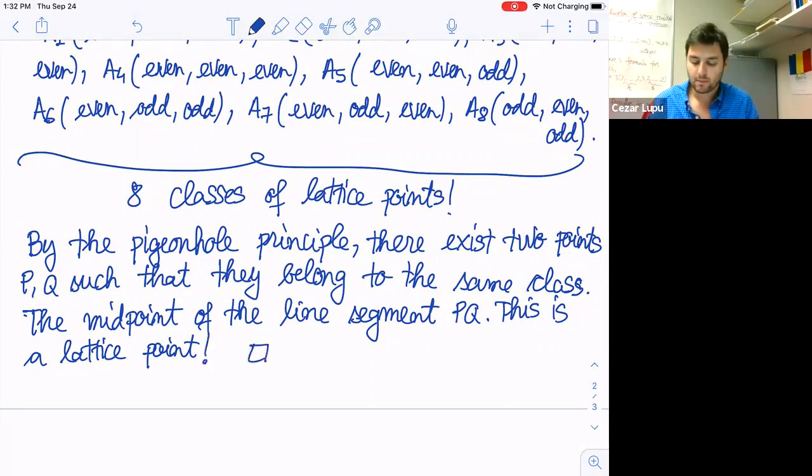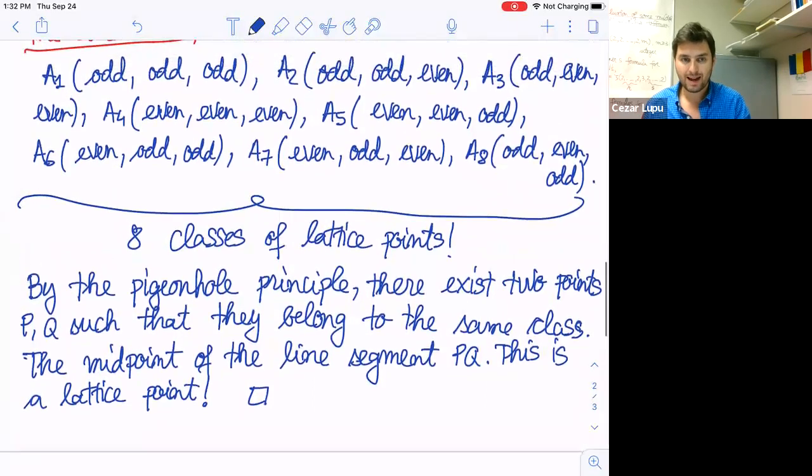That's it. Let me be clear here. Look at these classes of points. These are the classes A1, A2, A3, all the way to A8. These are not points. You see, P and Q will belong to the same class. P and Q will be in one of these 8, in A1, A2, or A8. Imagine that P has coordinates odd, odd, odd, and Q has the same, odd, odd, odd.